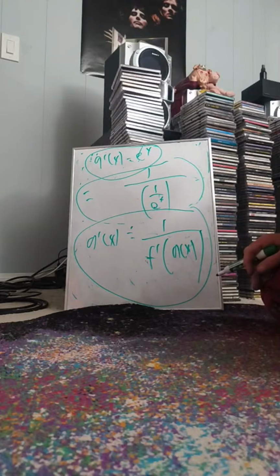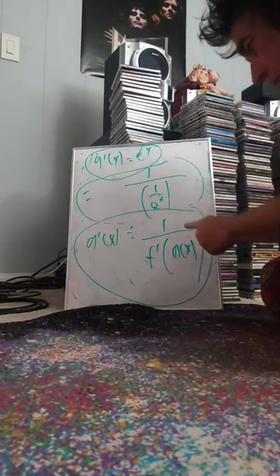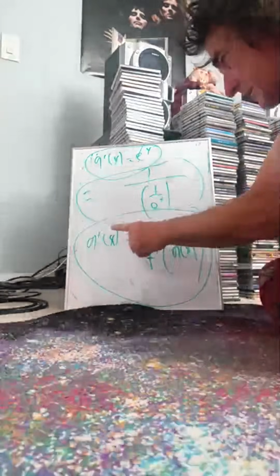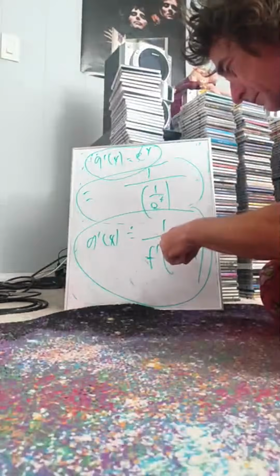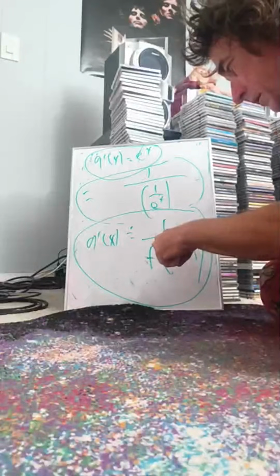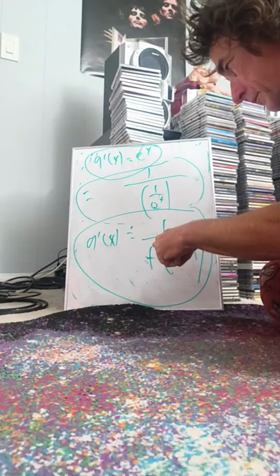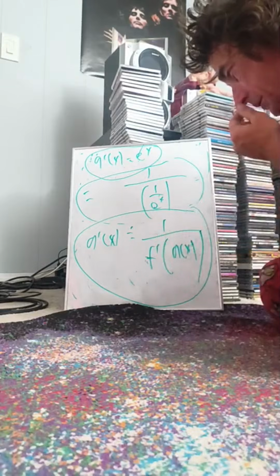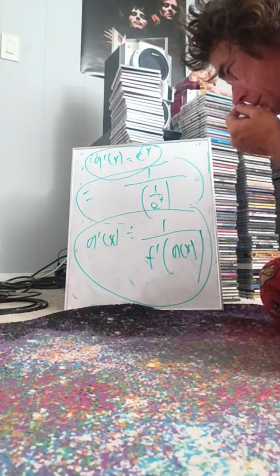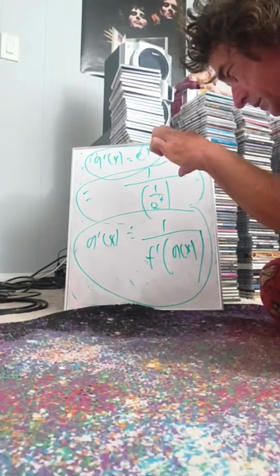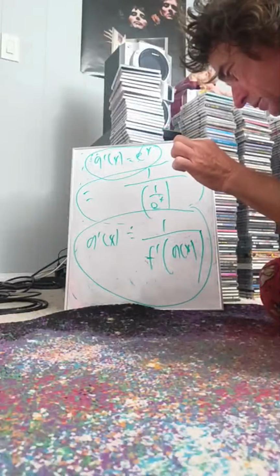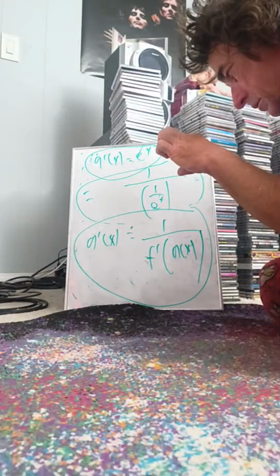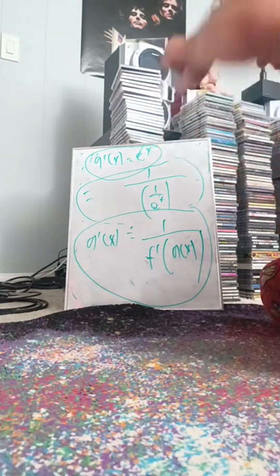Wait. Make sure I got that right. 1 over, this is it, g prime of x, 1 over f prime of g of x. Because that was what you wanted there. I think so.